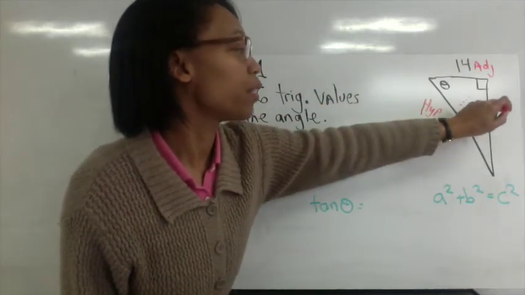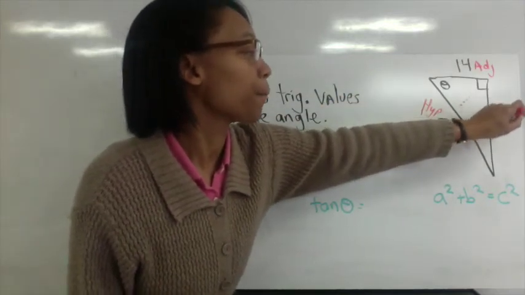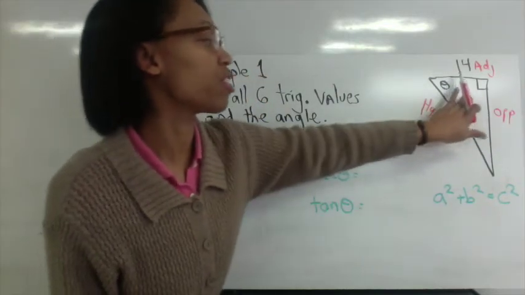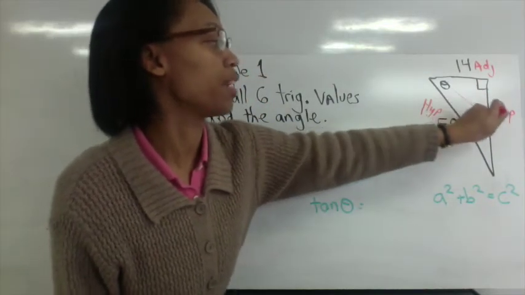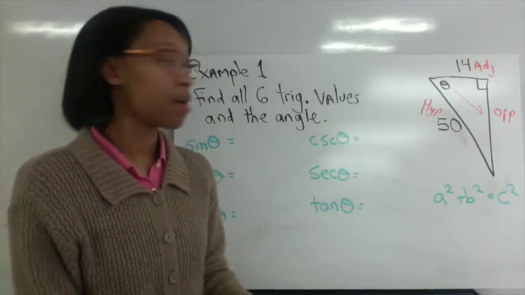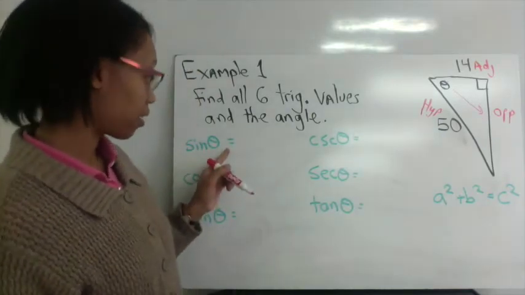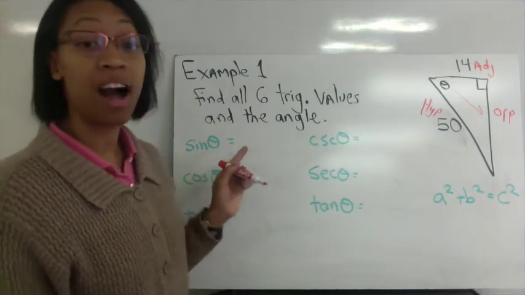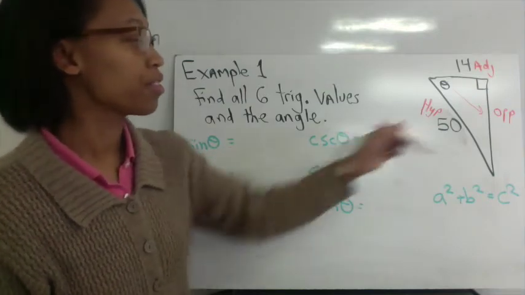And that means the side over here is my opposite, which is opposite from the angle. Good. Now that I know that, let's see what my sine would be. My sine is the opposite over the hypotenuse.